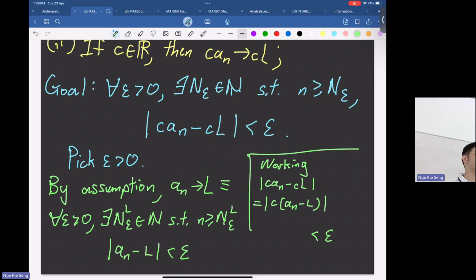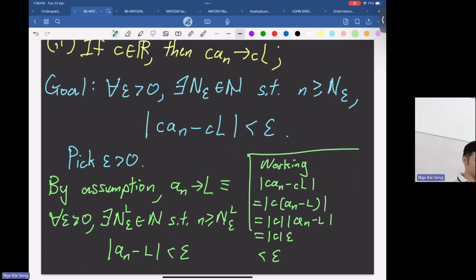Can you do further? That equals the absolute value of C times the absolute value of An minus L. So what do you get here? I should get something like absolute C times epsilon, right?